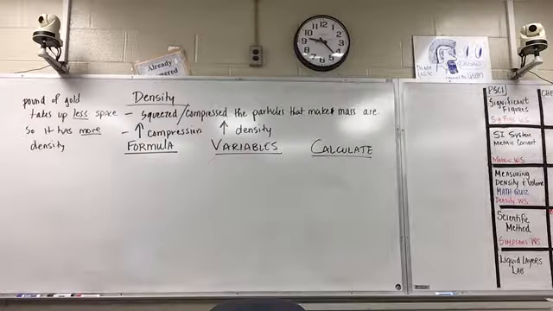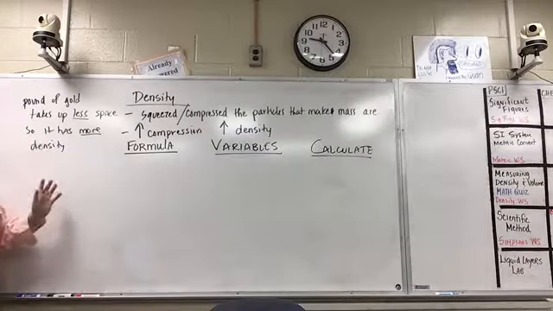Notice, as my volume increases, my density decreases. Or let's flip it the way I wrote it on the board: if my volume decreases, what happens to my density? It increases. That's an inverse relationship.